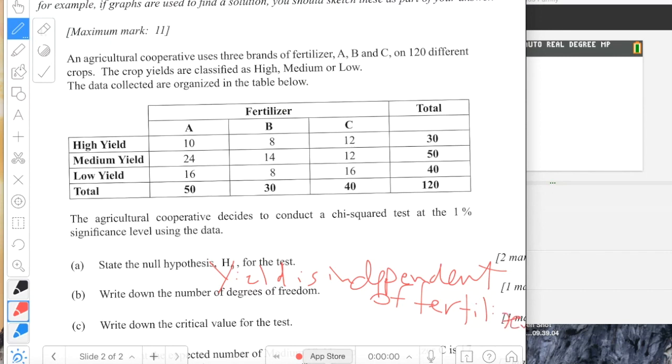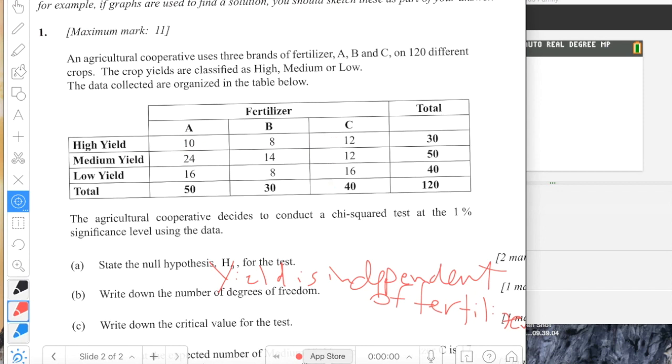Okay, and then the number of degrees of freedom. There are no formulas for topic 4 in the formula booklet, so you're going to have to memorize it or just understand what degrees of freedom mean. We're going to be moving from this square here. How many places can we move? 1, 2, 3, 4 maximum.